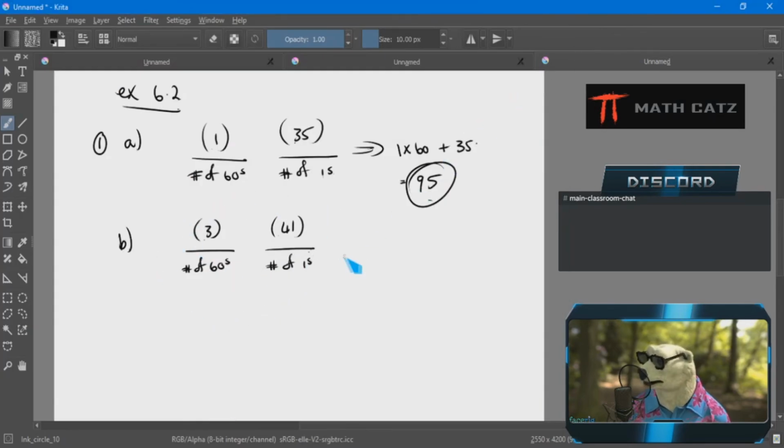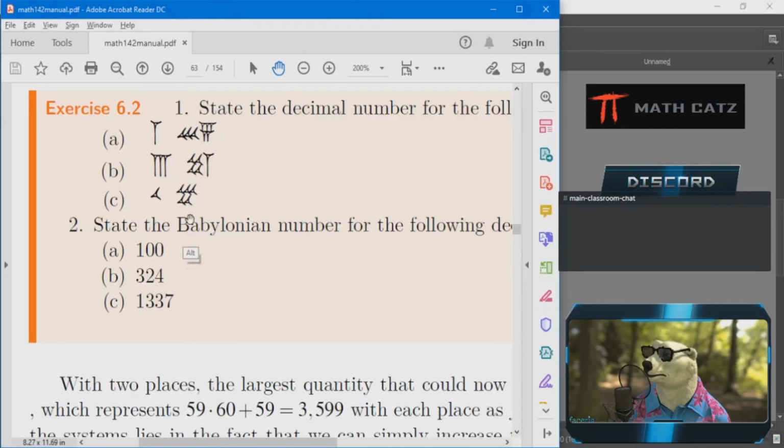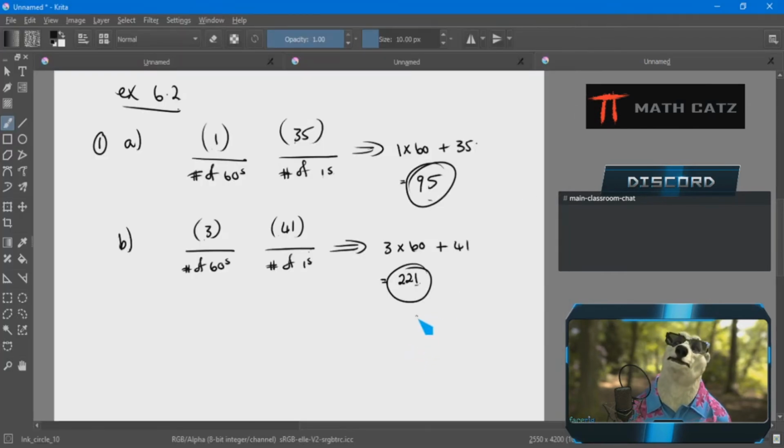So I'm setting myself up, and now I'm ready to say, okay, it's 3 groups of 60 plus another 41. So that would be what? 180 plus 41, 221. So this Babylonian number corresponds to what we would call 221.